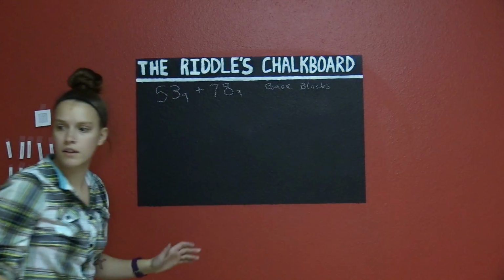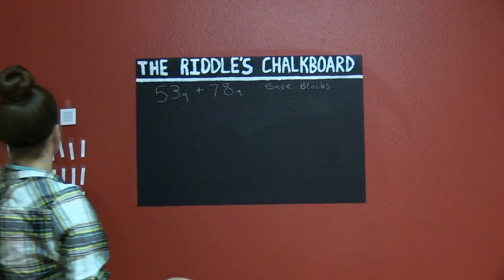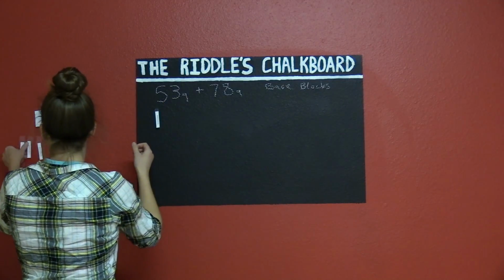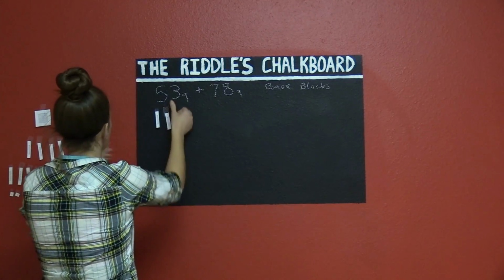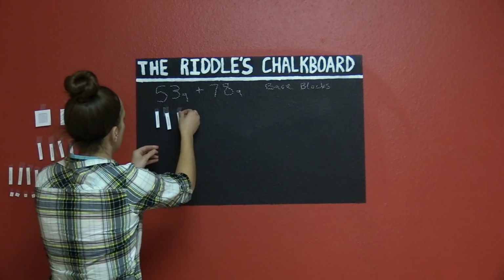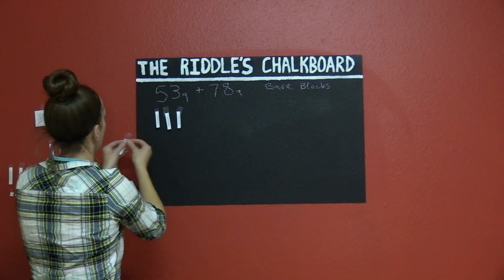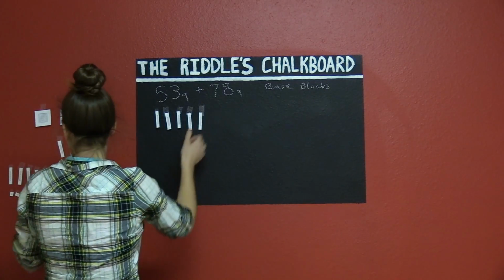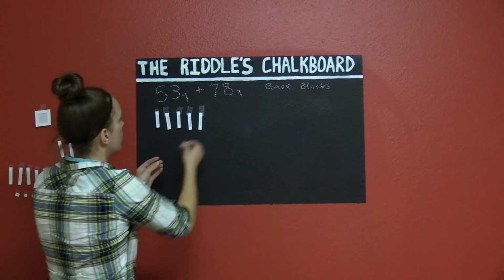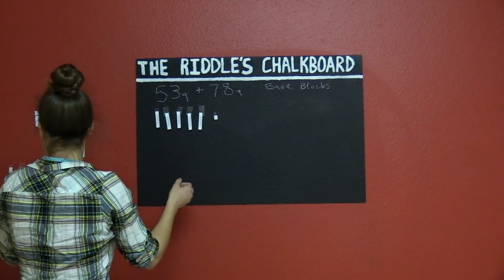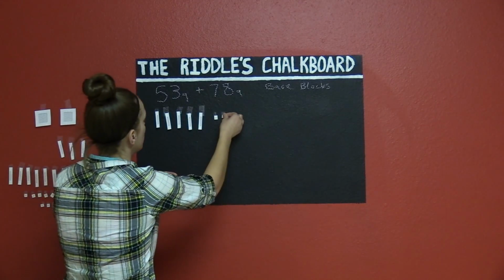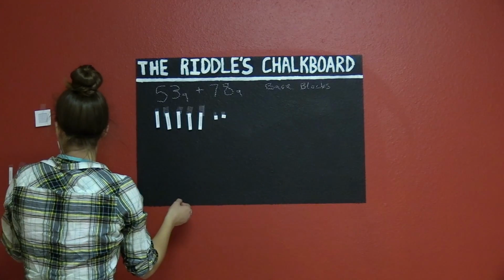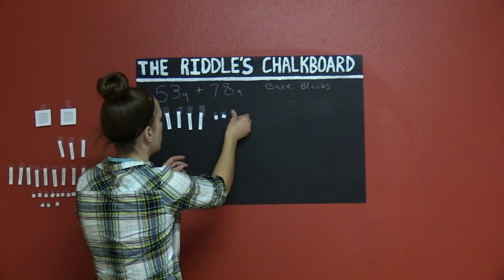Okay, so we'll get our base blocks and we'll make 53, counting out 5 rods and 3 units.